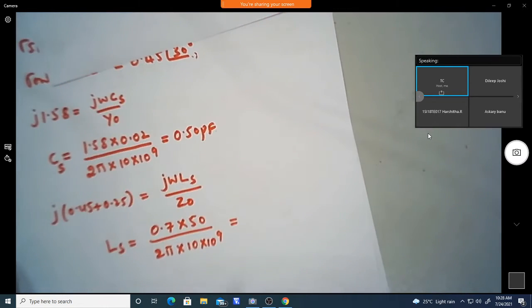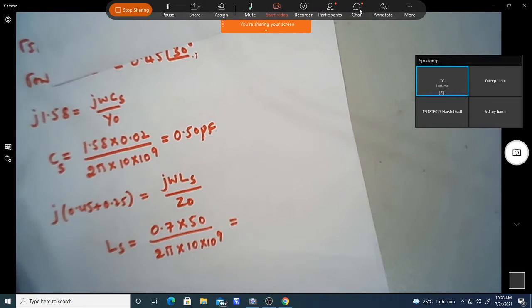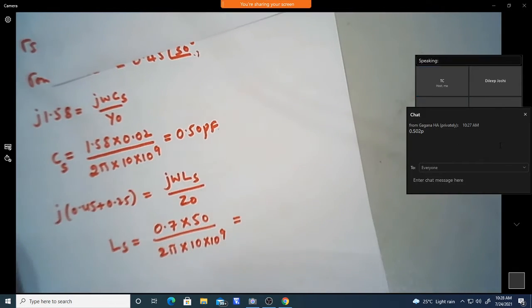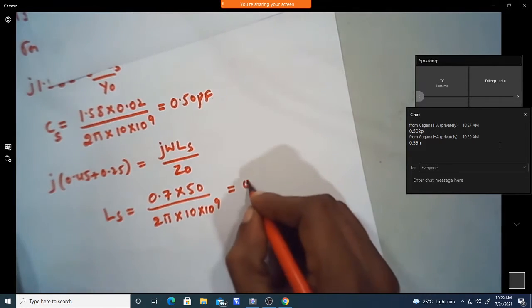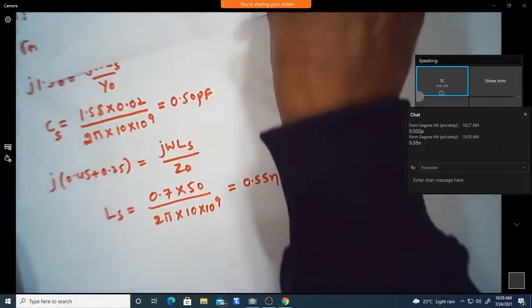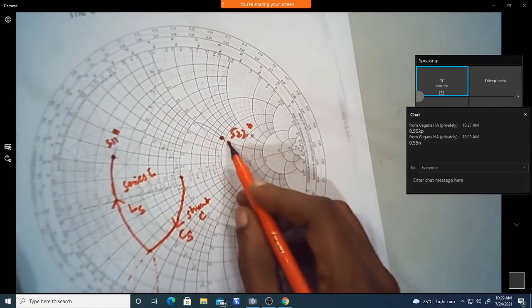So this is the Ls value. Find out the value. 0.55 nanohenry.